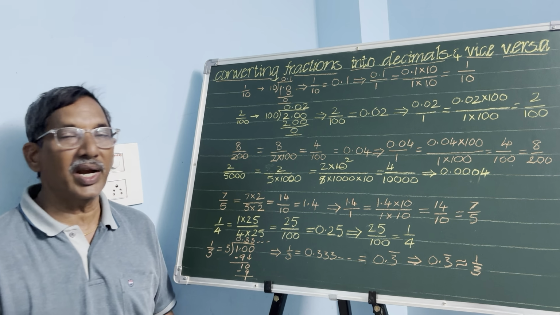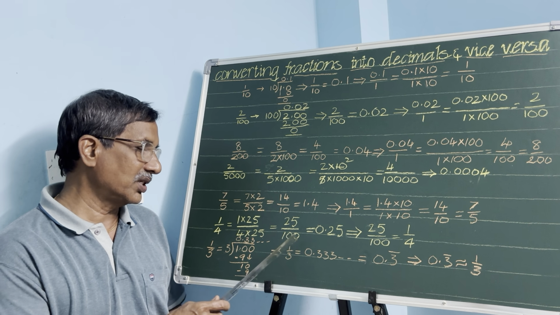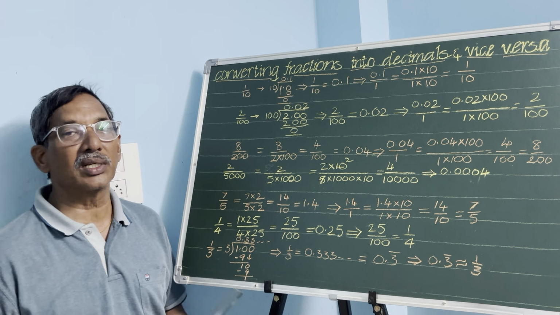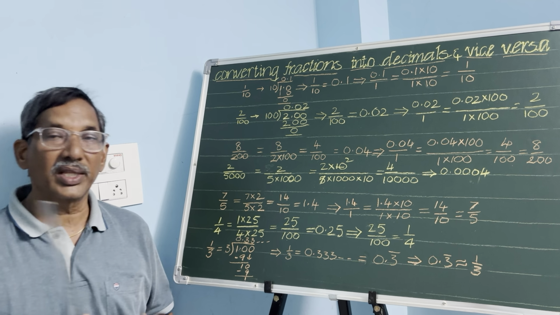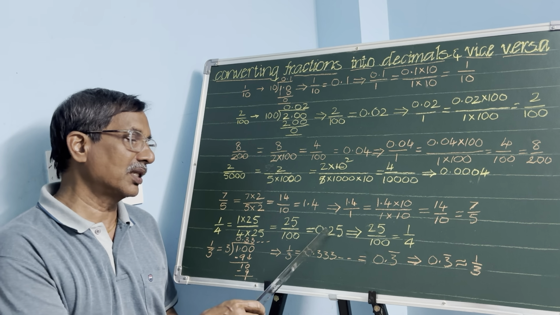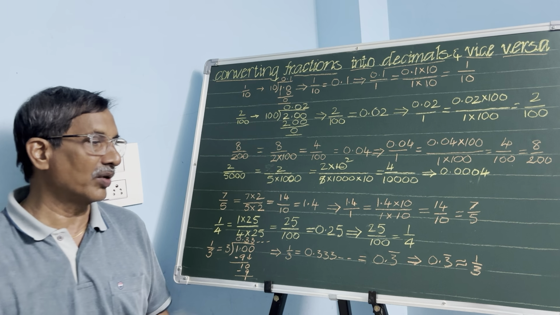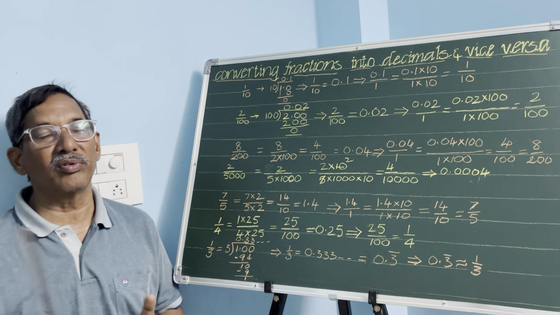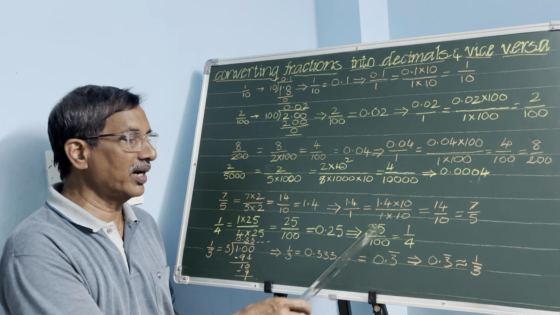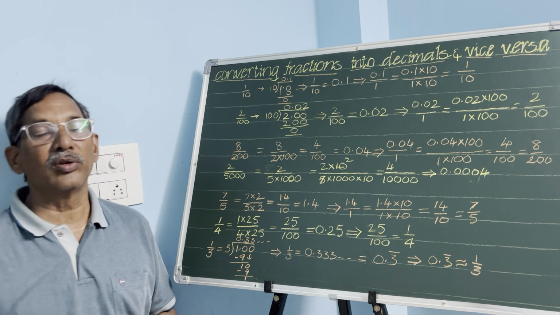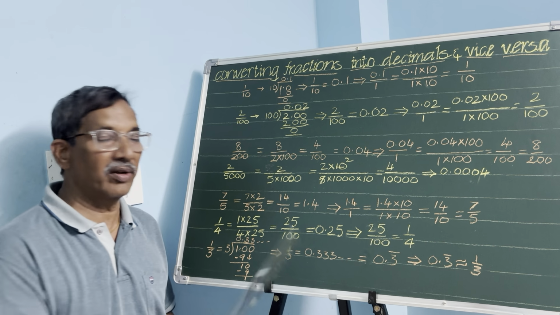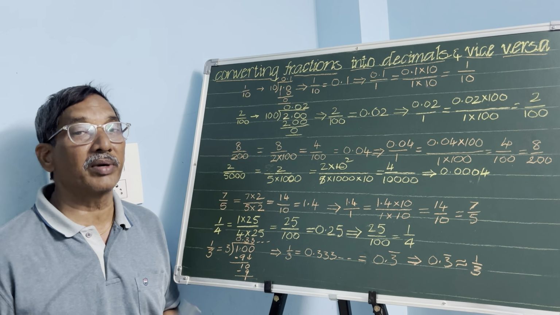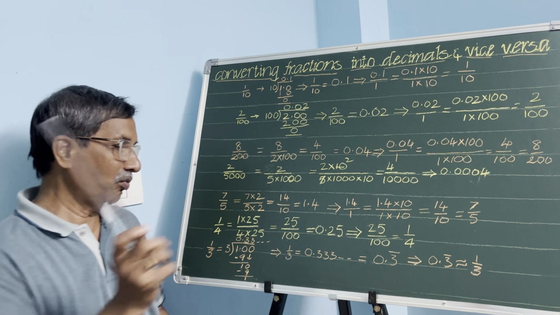So 25 by 100, we know, is 0.25. Since we have two zeros in 100 after 1, there should be two decimal places in the quotient. Again, 0.25 we can write as 25 by 100. When you divide both the numerator and the denominator by 25, you will get 1 over 4.